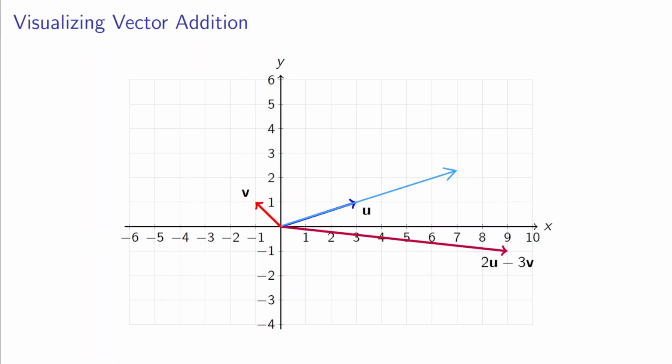We could start that at the end point of u, and then add the negative direction of v, 3 times it. So this whole big thing here would be the vector 2u, and this whole thing here is the vector negative 3v. And so hopefully you can see the connection between the vector u and 2u, and the vector v and negative 3v, and then adding those two things together to get the vector 2u minus 3v.